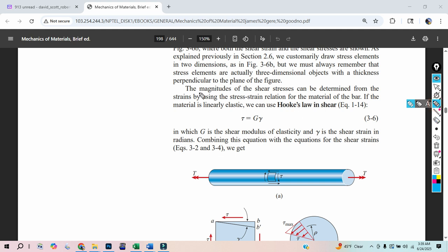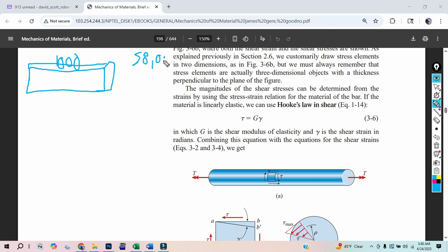So now we're going to talk about how the magnitudes of the shear stresses can be determined from the shear strains. That's the fundamental of material mechanics. If I have this 1 meter bar, and it's 1 inch thick, I can hand it to you and say 58,000 pounds.